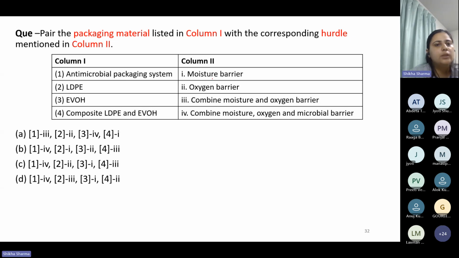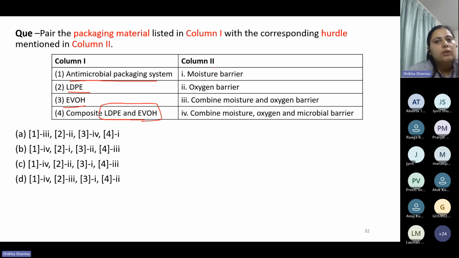So in column 1, we have different packaging materials like antimicrobial packaging system, LDPE, then EVOH, which is ethylene vinyl alcohol, and then the fourth option, a composite of LDPE and ethylene vinyl alcohol.